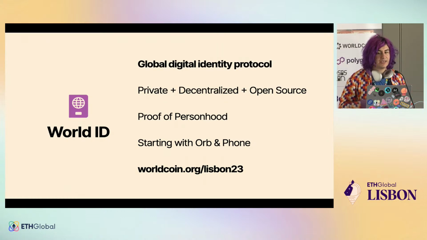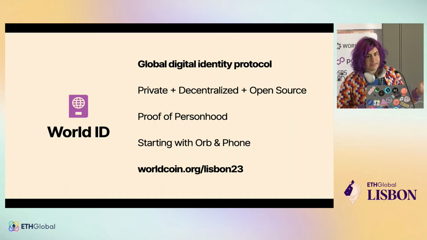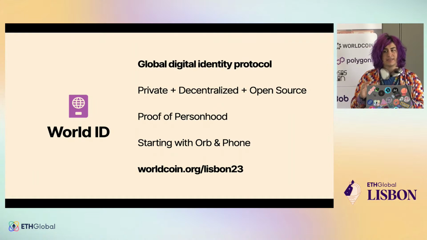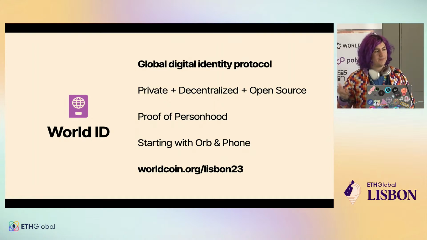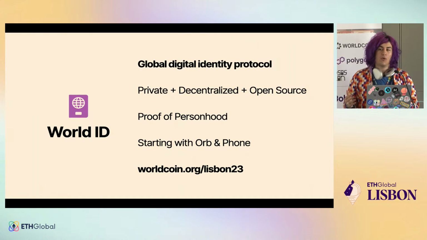Right, so the question is if the World ID gets tied to a wallet, and the answer is it doesn't. Basically, the way that World ID works behind the scenes, it's a separate private key that your phone generates. And the reason why it's separate from your wallet is because you want to be able to use this from any wallet at all.